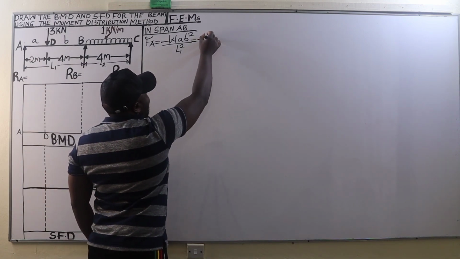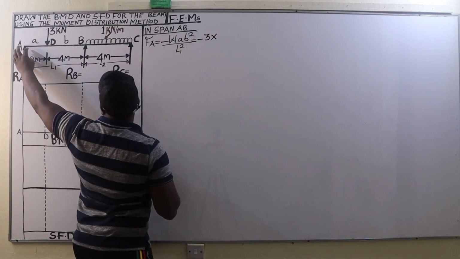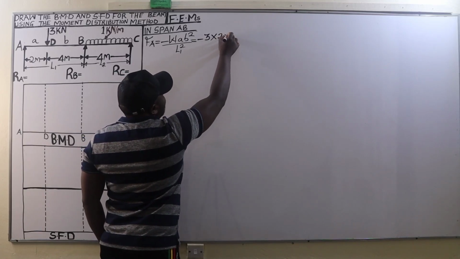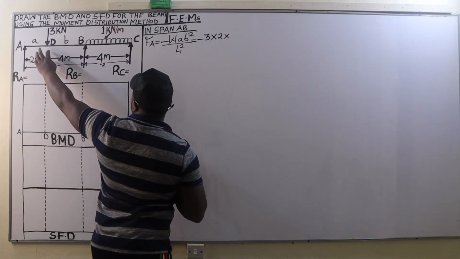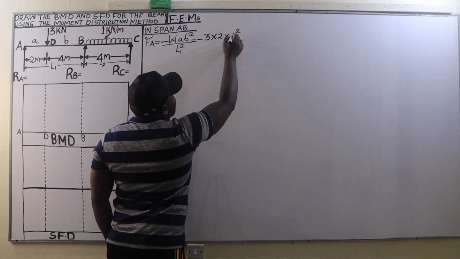So we get negative 3 kilonewtons multiplied by A, that is the span A to D, which is 2 meters, multiplied by B, that is the span D to B, which is 4 meters, and then we square it.